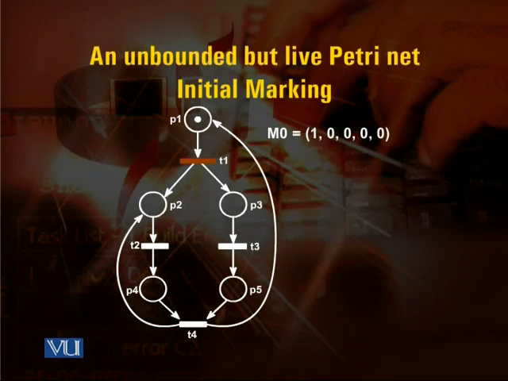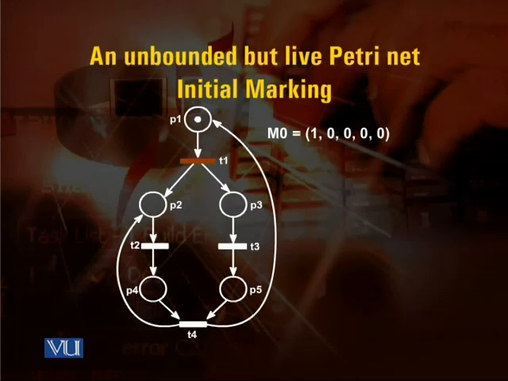Now this place P1 gets one token. So this is our initial state. So the transition T1 is now enabled, and this marking is written as this vector 1 0 0 0 0. So this vector 1 0 0 0 0 denotes this Petri net with initial marking with one token present in place P1, and the transition T1 is enabled.